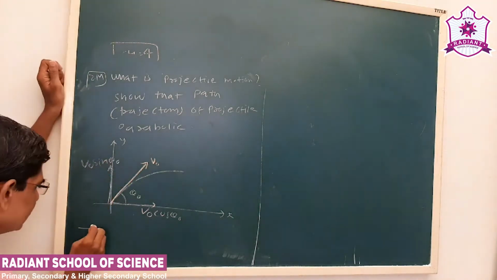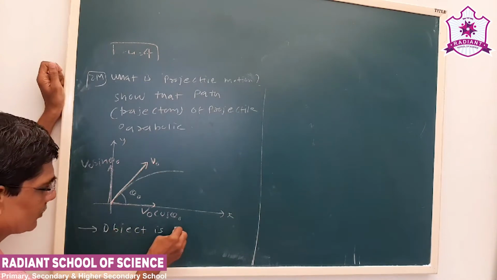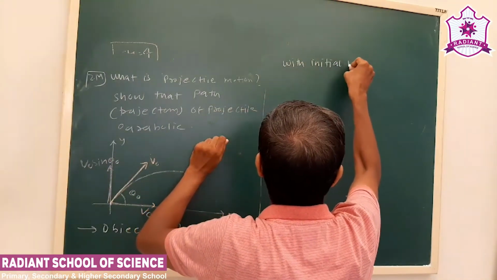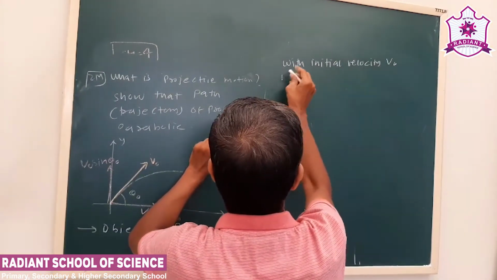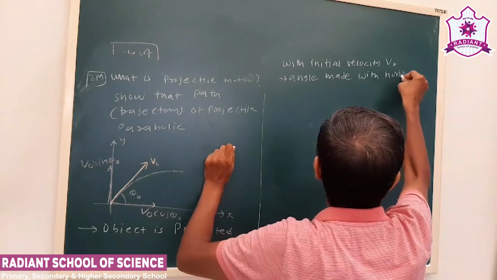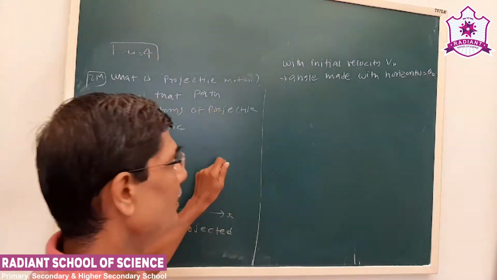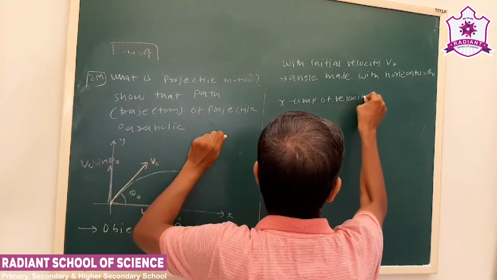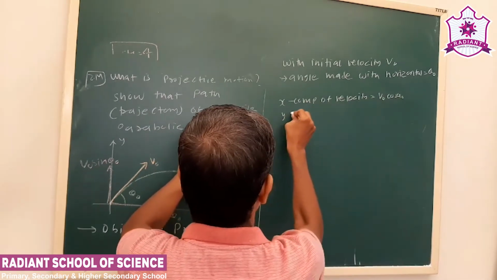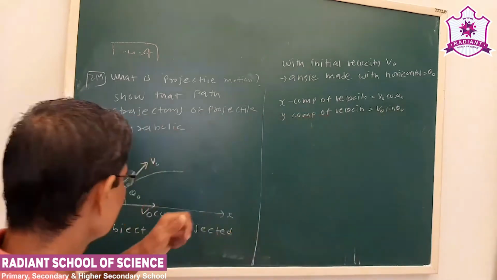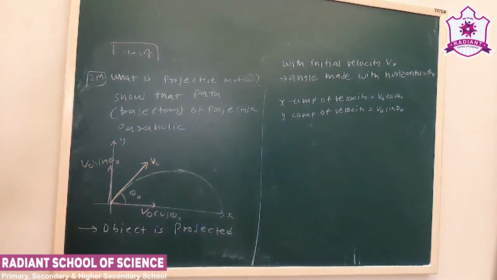So the body or object is projected with initial velocity v0, at an angle theta0 made with the horizontal. Now the vertical acceleration is g, that is gravitational acceleration.